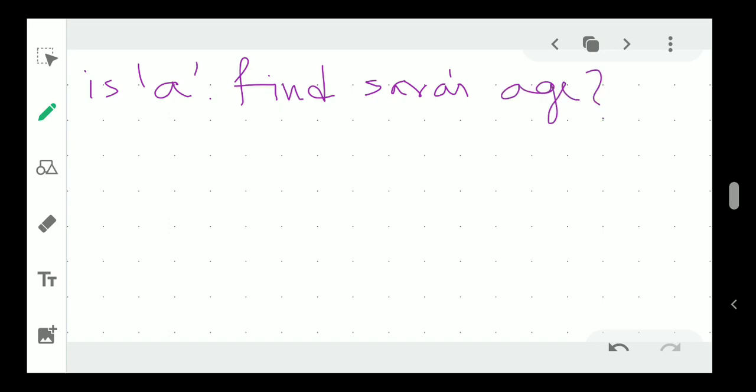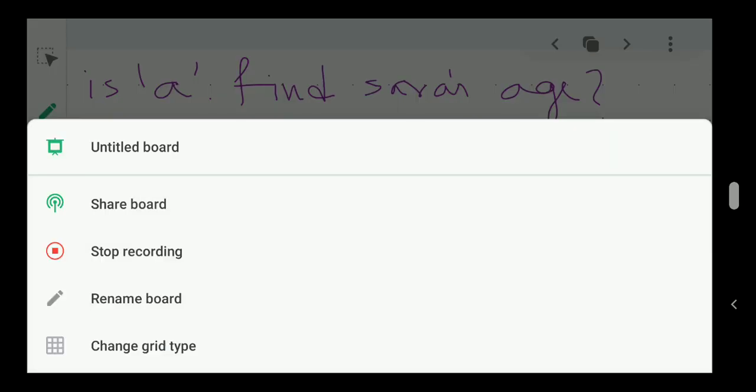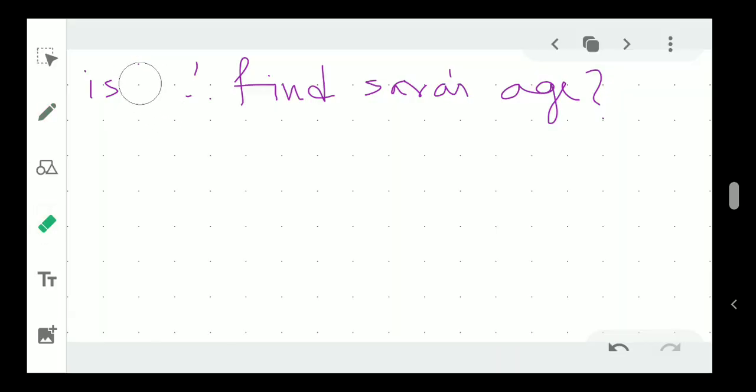Total age is A, find Sarah's age. See, I'm writing here A, but for simplicity, let me write 40, okay.